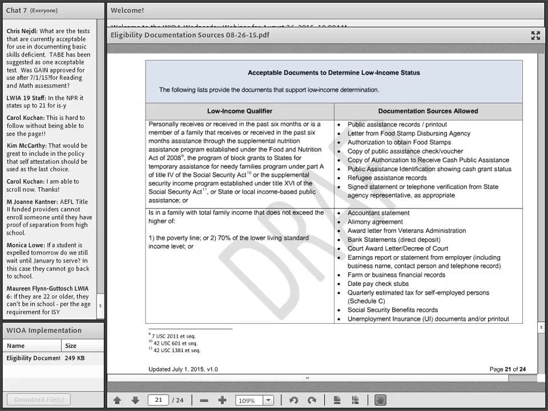Another change: in the past, for cash welfare, the client or a member of their family had to currently be on cash welfare. Under WIOA, it goes back up to 6 months. So that's a benefit. It gives you a little more latitude.